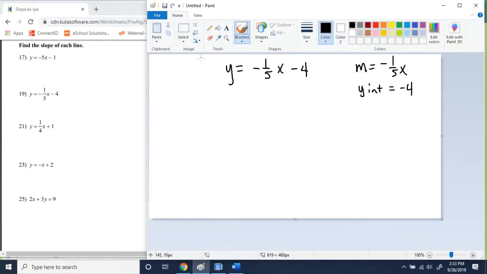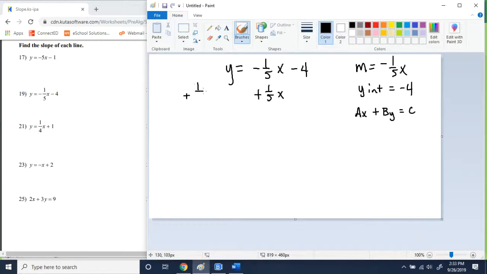So we're going to put this in standard form. Standard form is ax plus by equals c. So we're just going to manipulate some variables, move them from one side of the equal sign to the other side, and you do that by doing the opposite operation. So because I want the x on the other side, and it's a negative, I'm going to move a positive 1/5 to the other side.